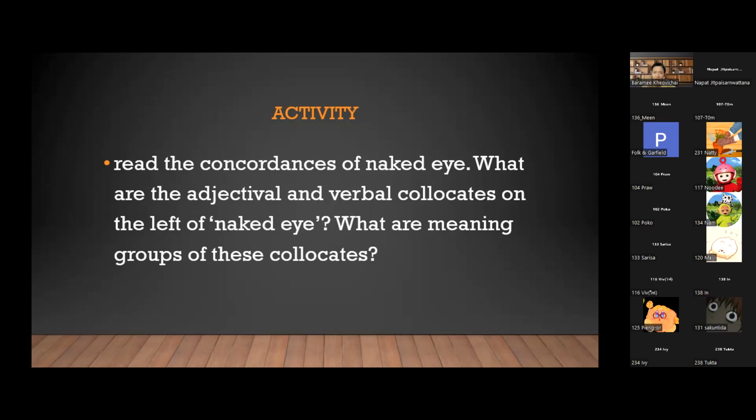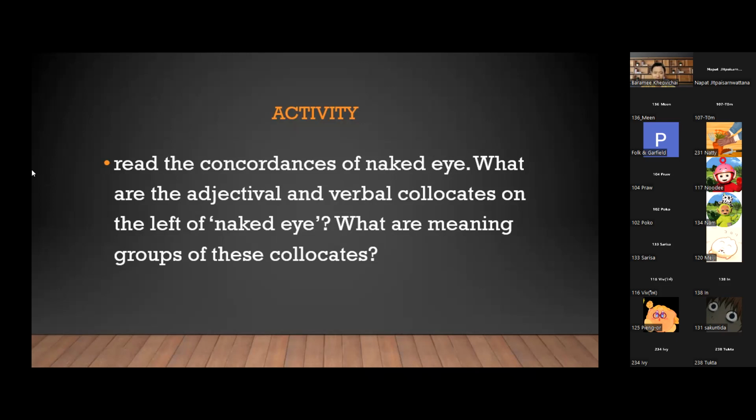Now to do this, I'd like you to read the concordance lines of the word naked eye, and answer what are the adjectives and also the verb collocates on the left of naked eye. What seems to be the meaning of these collocates?